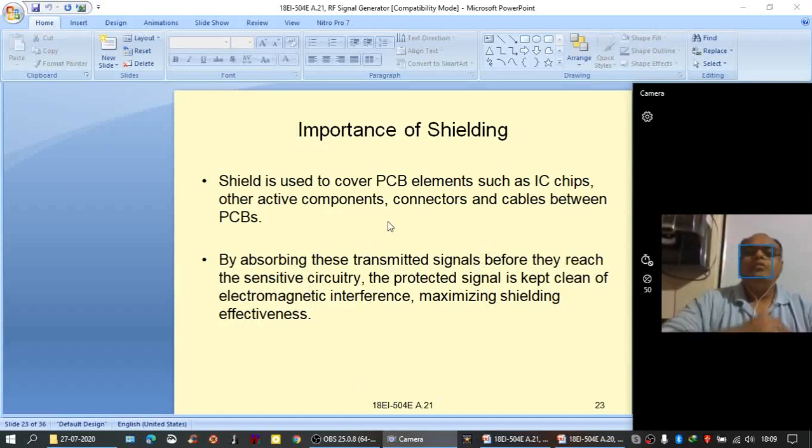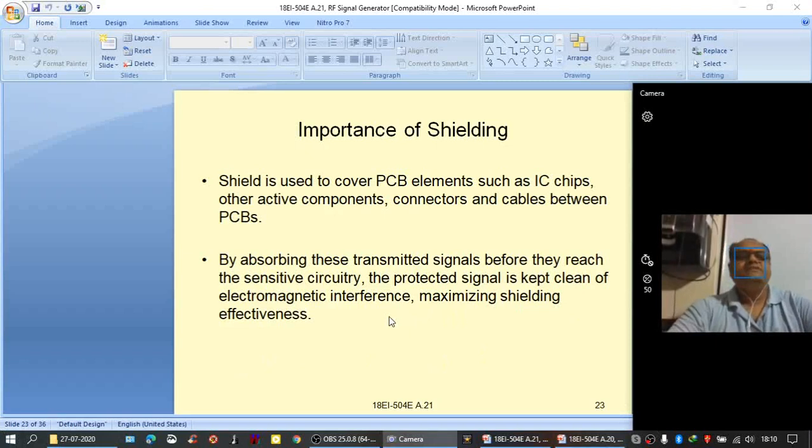And what does it do by covering all these components? It absorbs the transmitted signals before they reach the sensitive circuitry. That is, the shielding provided on all these components absorbs the transmitted signals before they reach the sensitive circuitry. The protected signal is kept clean of electromagnetic interference, maximizing the shielding effectiveness.